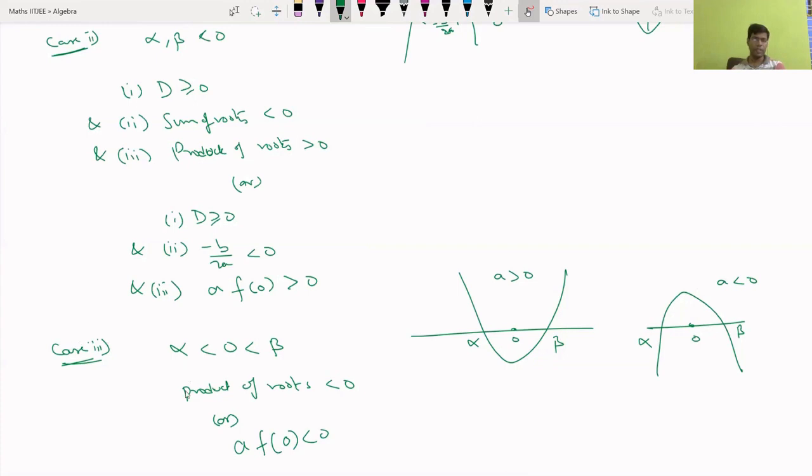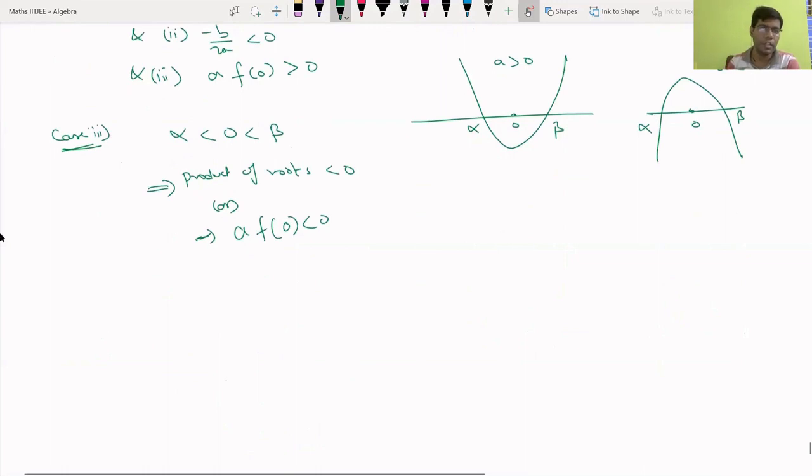So we have only one condition to check. Either we check the product of the roots should be negative, or otherwise we check that a multiplied with f of 0 should be less than 0. So either of these two conditions we can check.